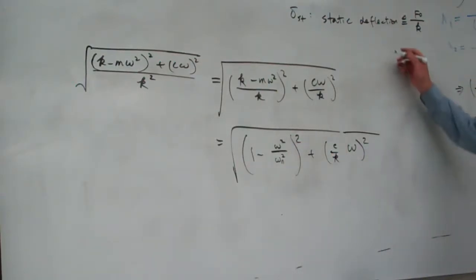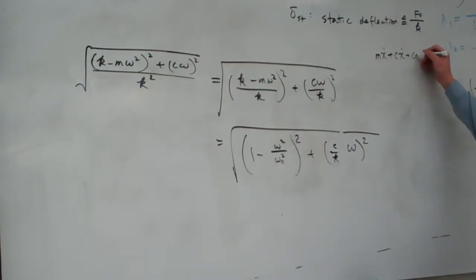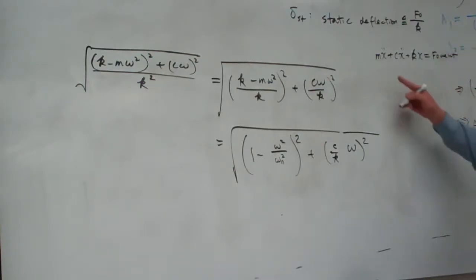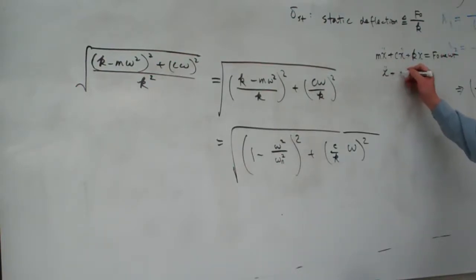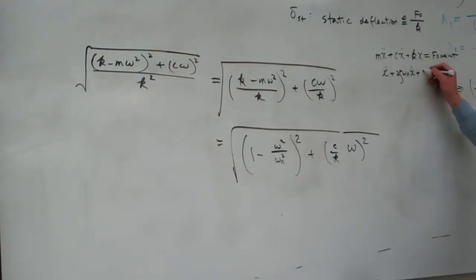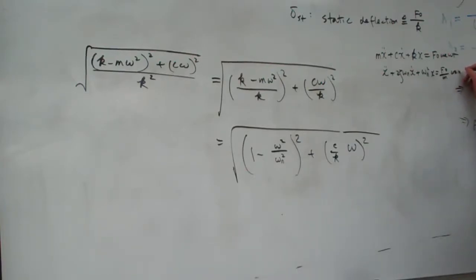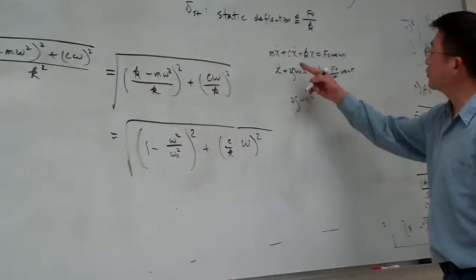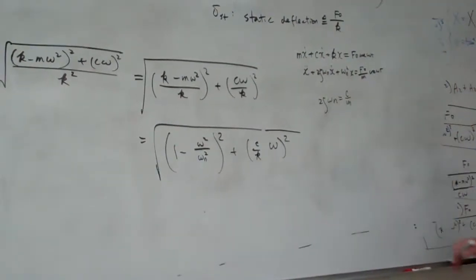And what is this one? Again, from our starting point, m x double dot plus c x dot plus k x equals F naught cosine omega t. From here we can see 2 zeta omega n equals c over m, right?